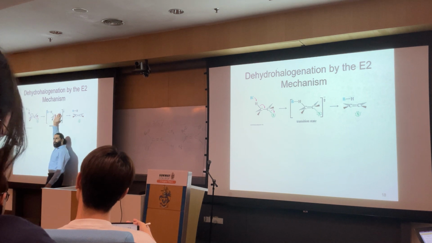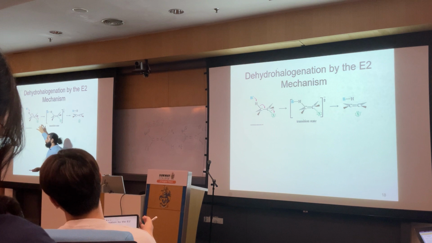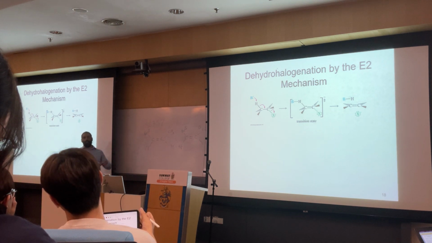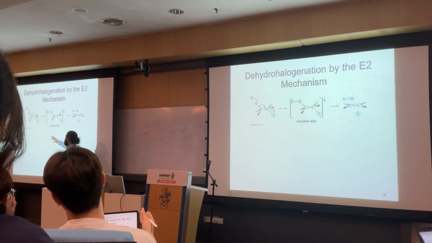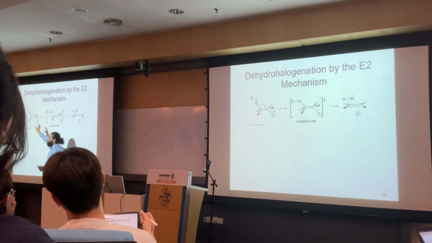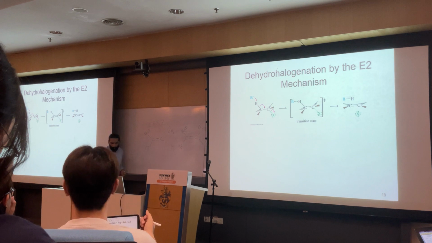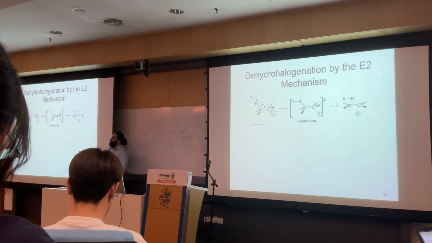And by this representation, we are just showing that this bond making and breaking doesn't need to be done at a separate point of time. The moment base attacks this molecule, halogen departs, hydrogen departs, and you get the carbon-carbon double bond. Right? Okay. Once you compare it with the other type of mechanism, it will also make more sense.